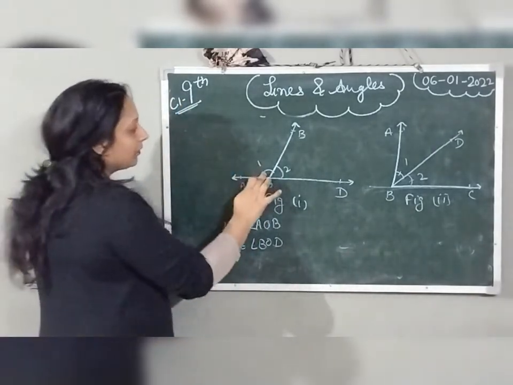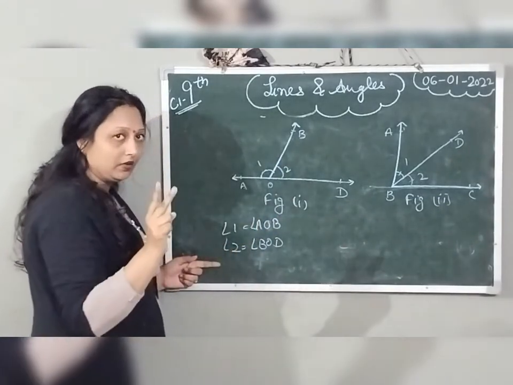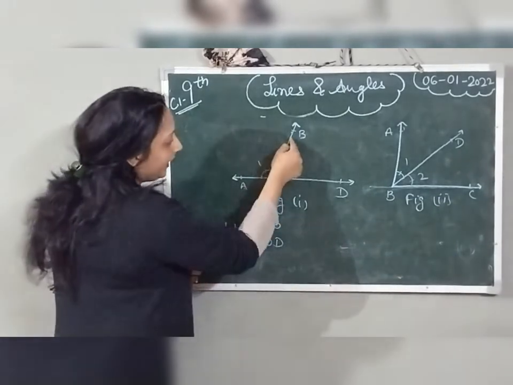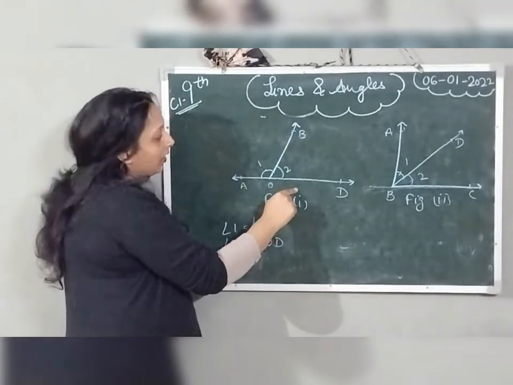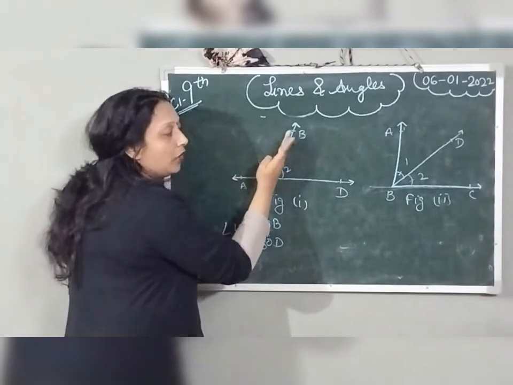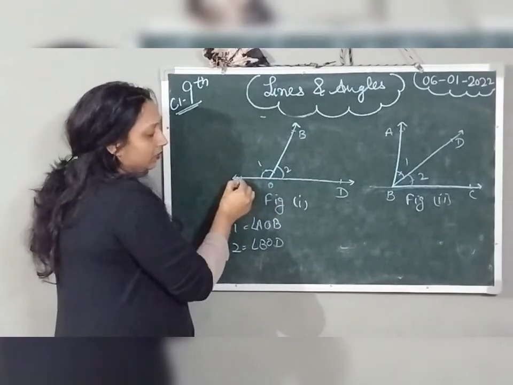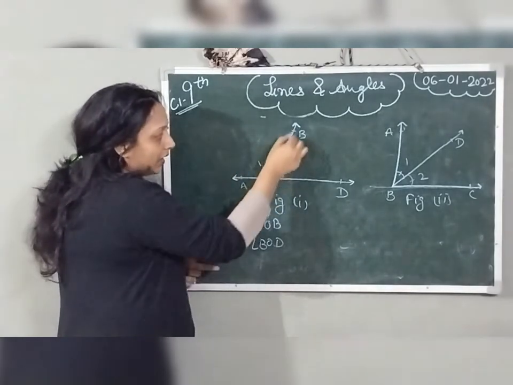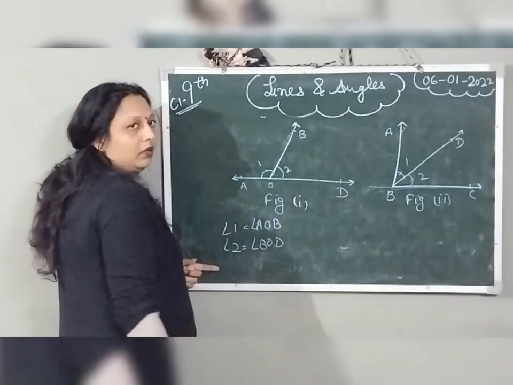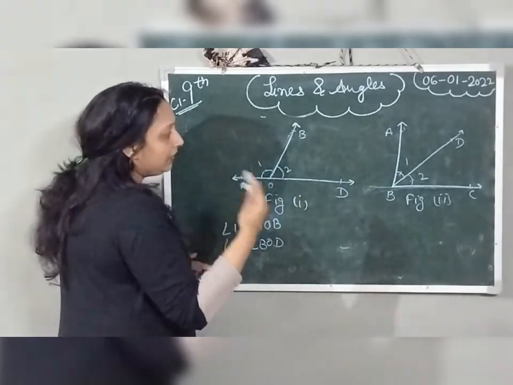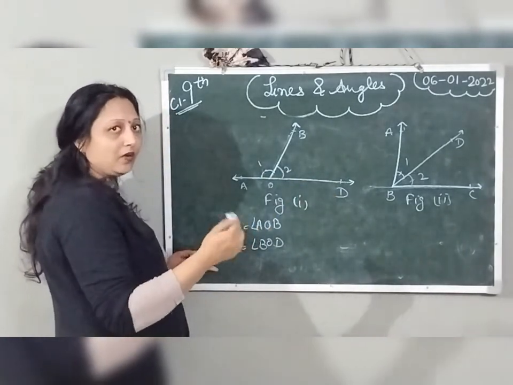So when one arm is common in the two angles, two adjacent angles, and the other sides of the angles are on the opposite side of the common arm. Here, from angle 1, the other ray is on the other side of OB, and from angle 2, the OD arm is on the other opposite side of OB.